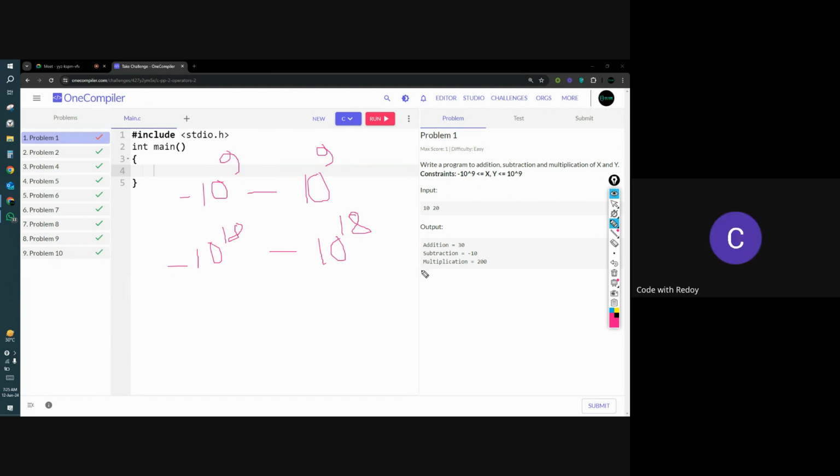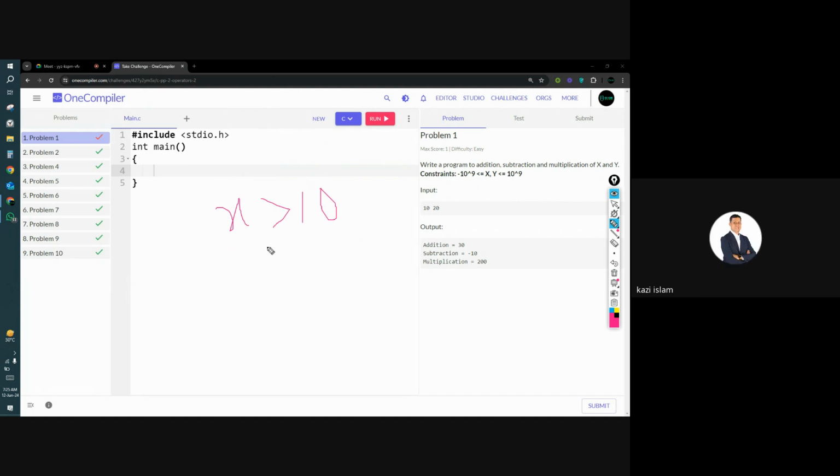Now, do you know this condition like x greater than 10? What does it mean? No, I don't know what that is. Okay.